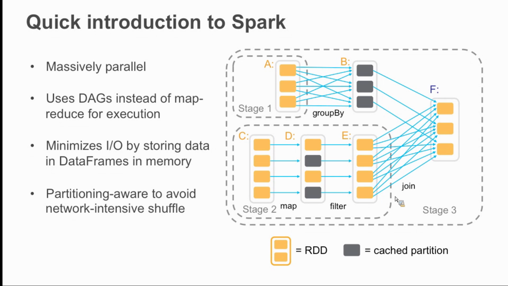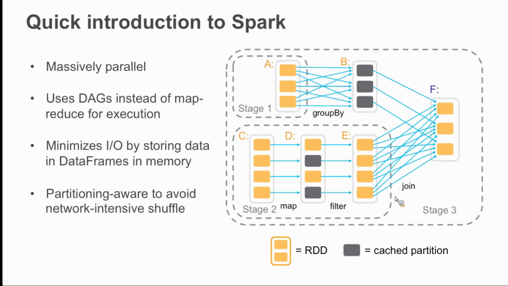Instead of doing the MapReduce paradigm, it uses DAGs, directed acyclic graphs, to represent the series of computational steps before they're actually executed, and it can manage that and then do lazy computation. It can do optimizations, but the key thing is that the DAG allows Spark to manage the computation at a much higher level and to do additional performance optimizations.